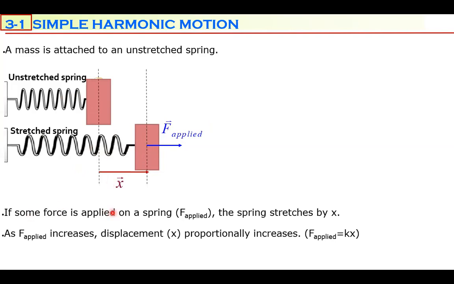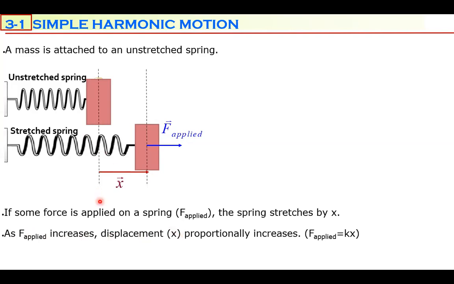If some force is applied on a spring, which I said is F applied, the spring stretches by x. And we can calculate how much force is required to stretch the spring if we know what k is. That force is going to be k times x. So if you apply more force, you will see that the spring is stretched more. As applied force increases, displacement increases.